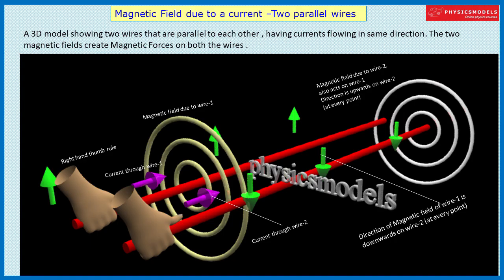Now let's look at a still image of that. You can see the right hand thumb rule being applied to both the wires. The thumb is pointing in the direction of the pink arrow, which is the direction of the current. The fingers are curled around the red wires, so that shows the direction of the magnetic field vectors at any point around that circle.